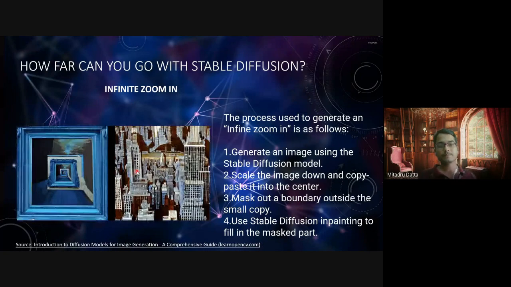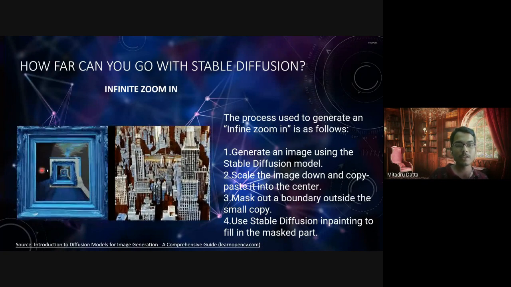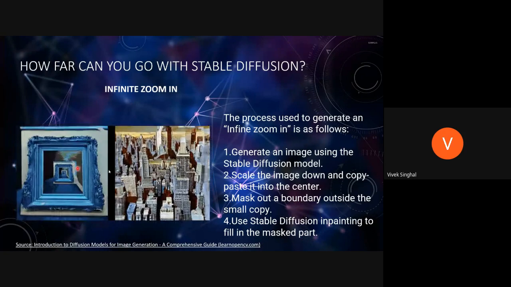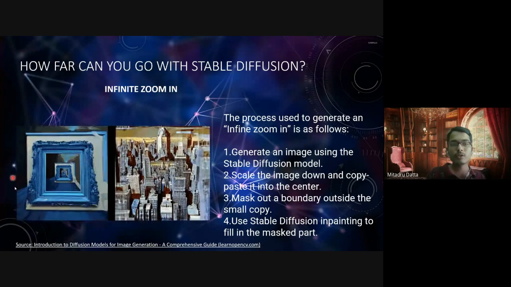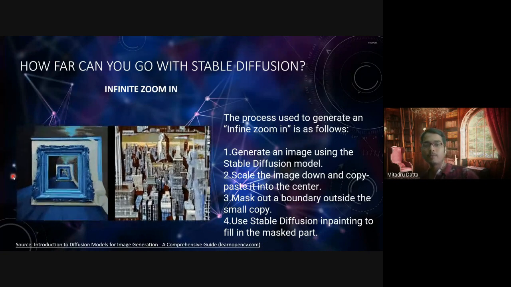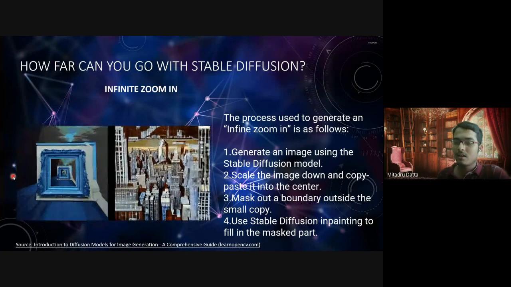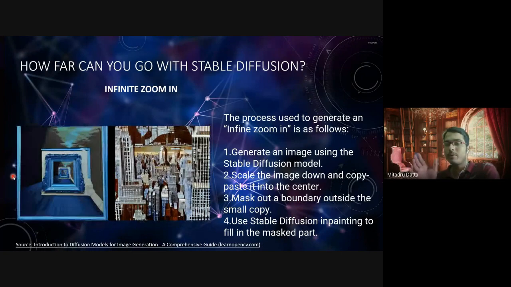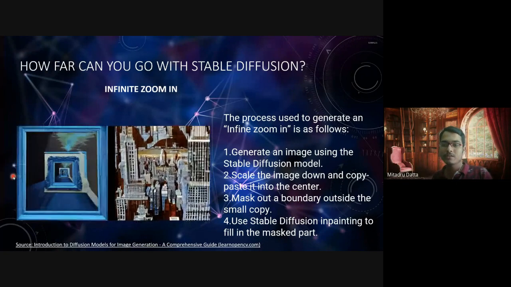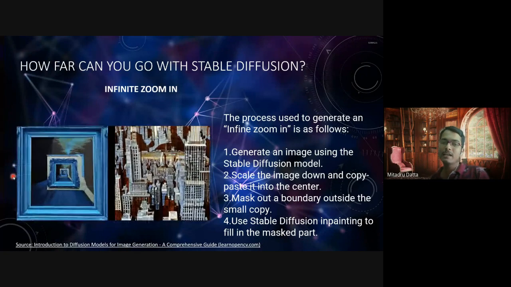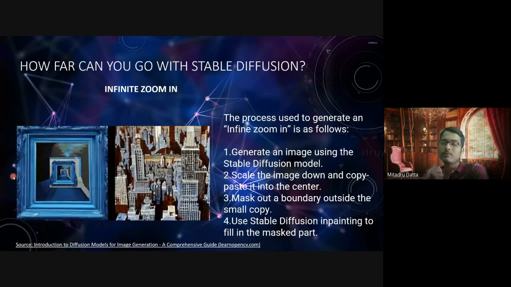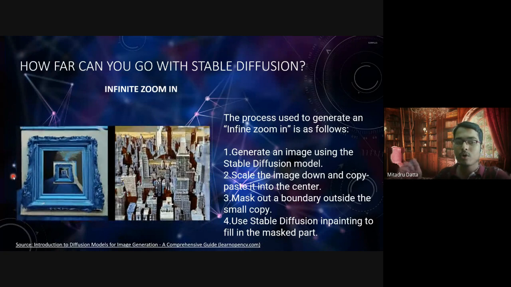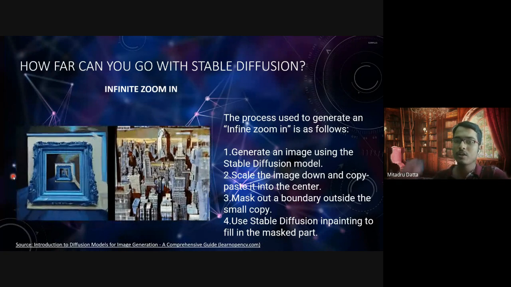Yeah, sir. First, let's say we have an image, we are cropping it out, we are resizing it and putting it in the center. And then it should look the same as the boundary, right? We will crop, and then we will scale down the image to the center. But if we feed it directly without masking, masking is just a way to tell stable diffusion not to take the other pixels of the image into consideration.